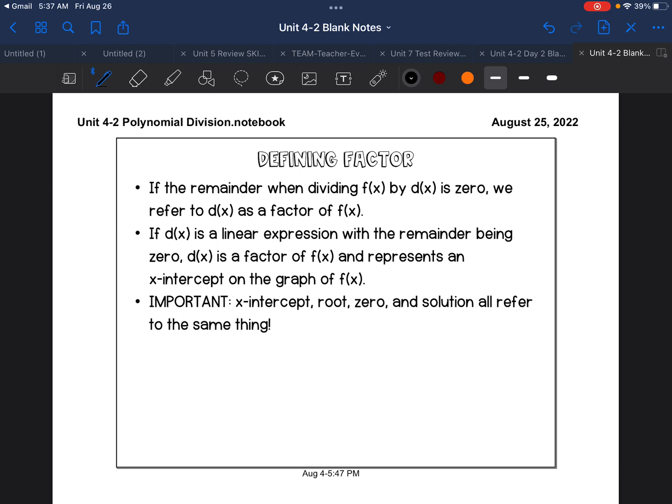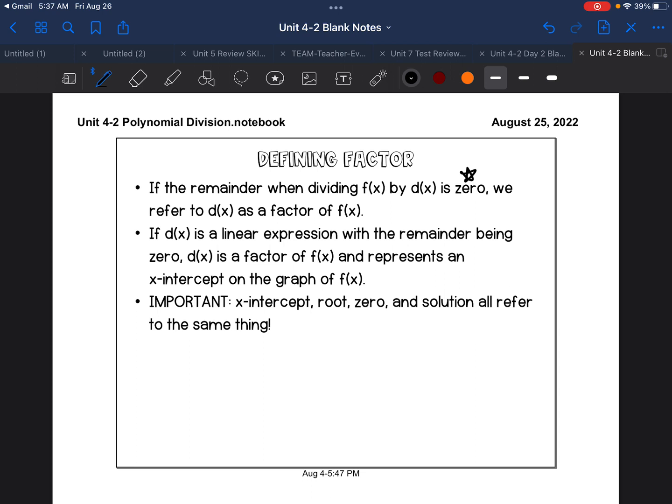So, as far as defining factor goes, if the remainder when dividing f of x by d of x is 0, this is a big thing, and we'll come back to it a couple times in this video. We'll also come back to it in the next 2 videos, but if the remainder when dividing f of x by some polynomial d of x is 0, then we refer to d of x as a factor of f of x.